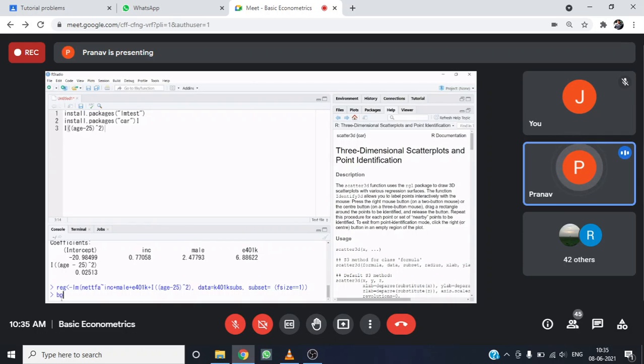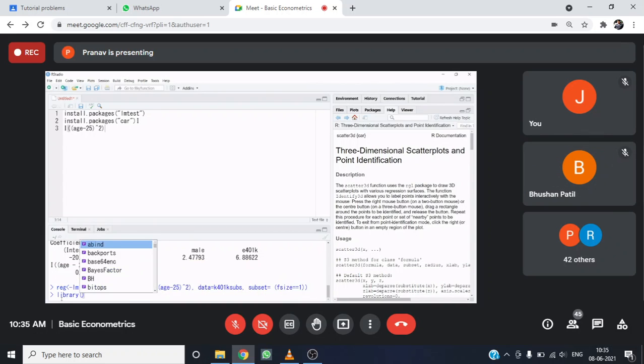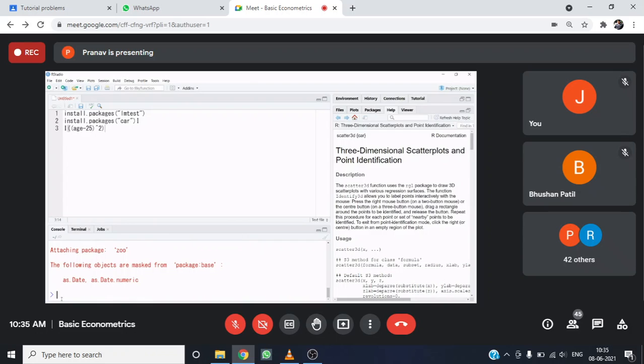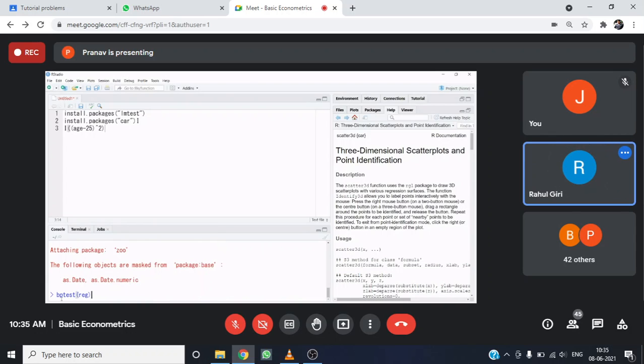So we take the residual values and then run our regression on the residual values. And we can also simply use the direct command bptest on REG. Yes, sir, that also.